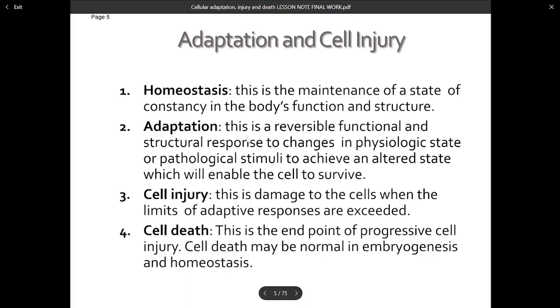Adaptation is a reversible functional and structural response to changes in physiological state or pathological stimuli to achieve an altered state which will enable the cell to survive. Now, cell injury is damage to the cells when the limit of adaptive responses is exceeded. Cell death is the endpoint of progressive cell injury.